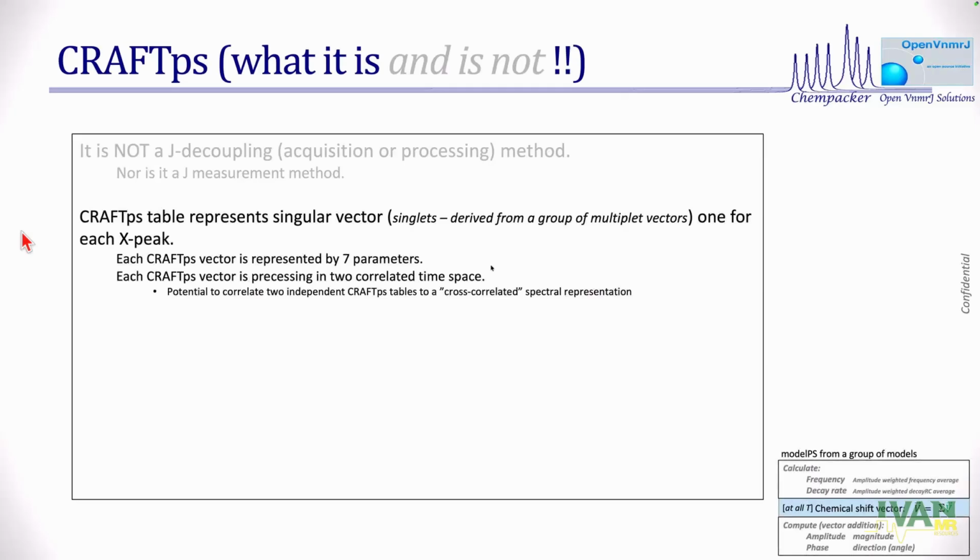Essentially it is a singular vector, one for each cross peak, and each one of those vectors is represented by 7 NMR parameters. 2 frequencies, which is the rate of change of phase in 2 different dimensions, 2 line widths, meaning the rate of change of amplitude in 2 different time dimensions, and 2 phases, the direction of the vectors in 2 different dimensions, and 1 amplitude.